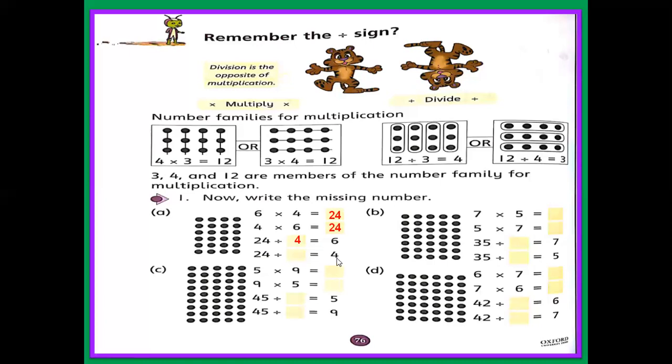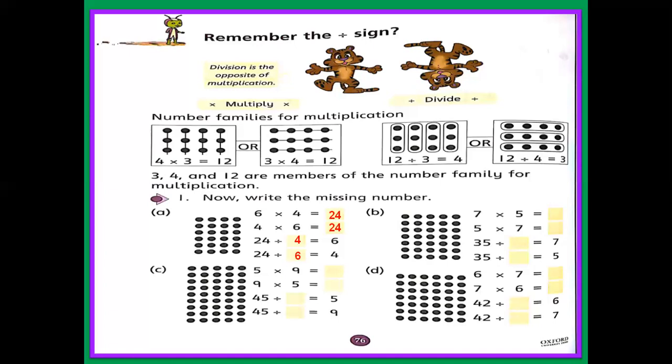Read again the table of 4. 4 ones are 4, 4 twos are 8, 4 threes are 12, 4 fours are 16, 4 fives are 20, 4 sixes are 24. So write 6 here. The first two questions are multiplication, the second, third and fourth are division. 7 fives. Read the table of 5. 5 ones are 5, 5 twos are 10, 5 threes are 15, 5 fours are 20, 5 fives are 25, 5 sixes are 30.